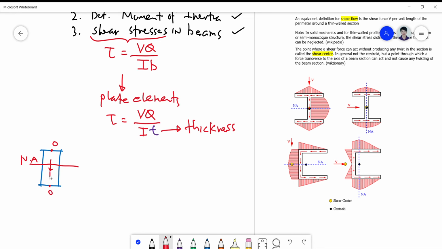Okay, so take note of that, this is diminishing at the surface.